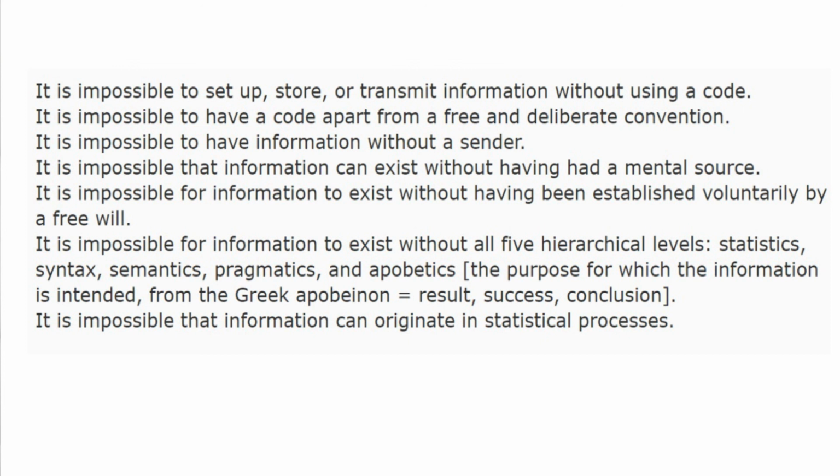It is impossible for information to exist without all 5 hierarchical levels: statistics, syntax, semantics, pragmatics, and apobetics, which is the purpose for which the information is intended, from the Greek apobeion, or result, success, conclusion. It is impossible that information can originate in statistical processes.